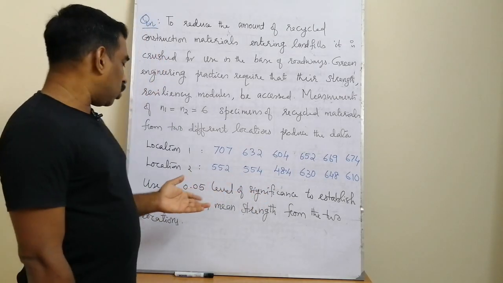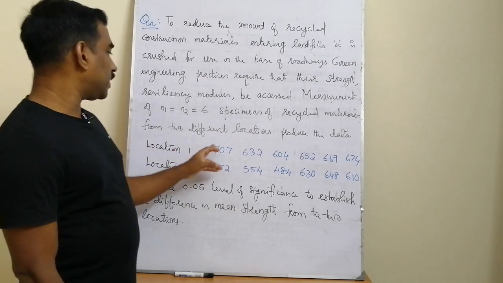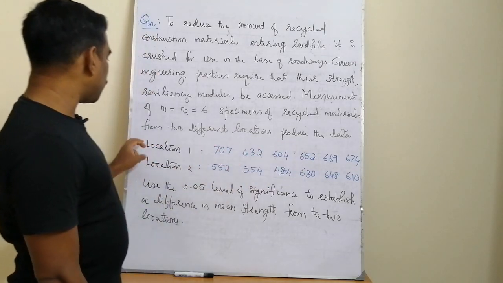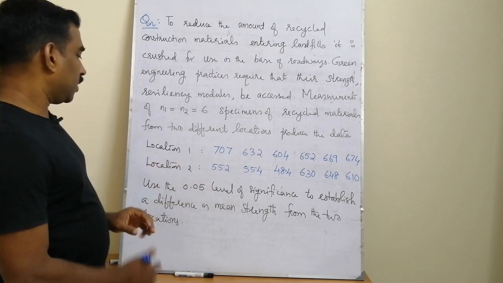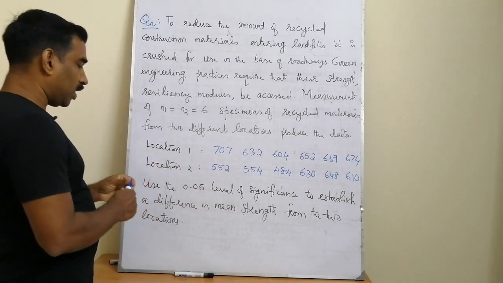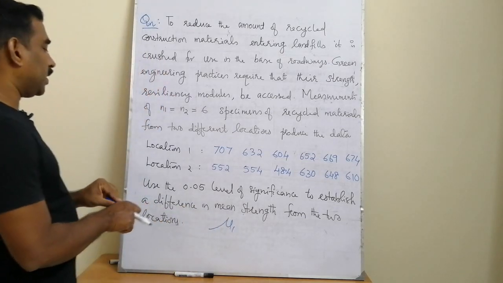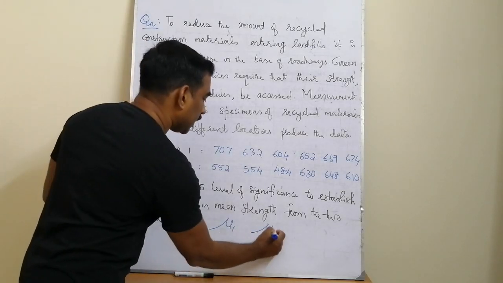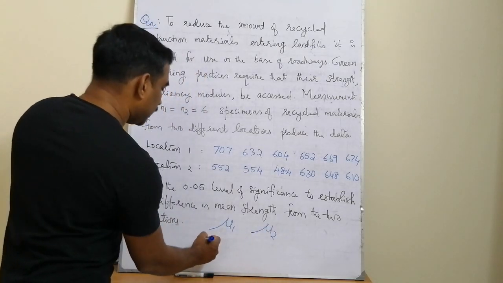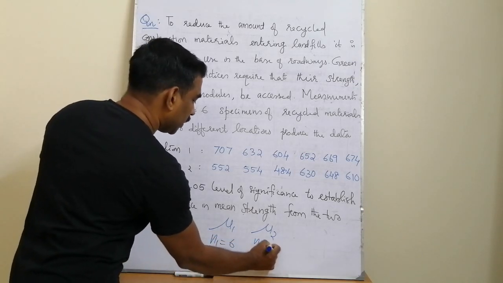Here we are comparing the mean strength of materials used in 2 different locations, and we have taken 6 sample values from the first location and another 6 sample values from the second location. Suppose mu1 and mu2 are the mean strength of all the materials dumped in the first and second locations respectively. So we have sample sizes n1 is equal to 6, n2 is equal to 6.